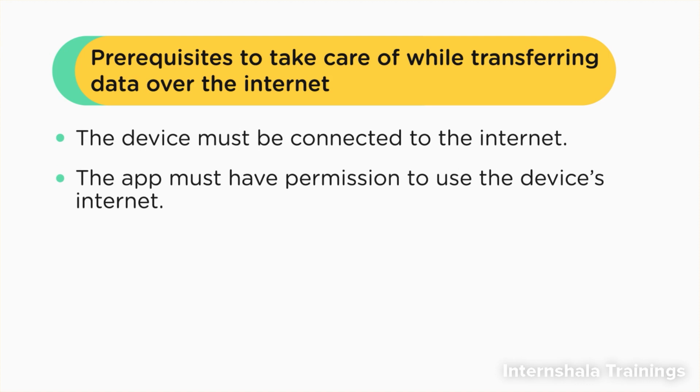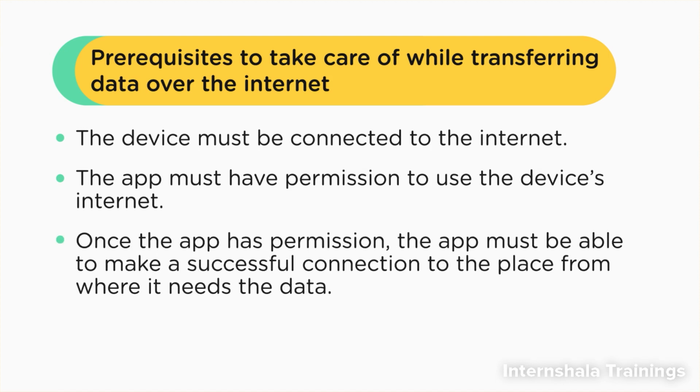And since the app does not have an internet connection of its own, we can simply use the internet of the device. For this, the app must have permission to use the device's internet. Once the app has permission, the app must be able to make a successful connection to the place from where it needs the data. This point must be a little confusing for some.